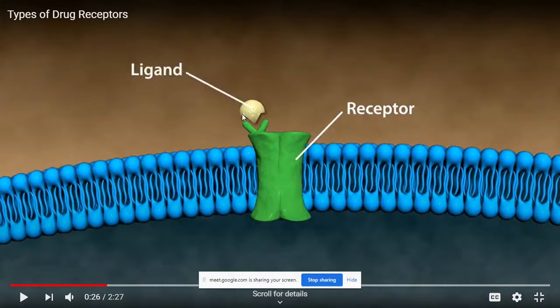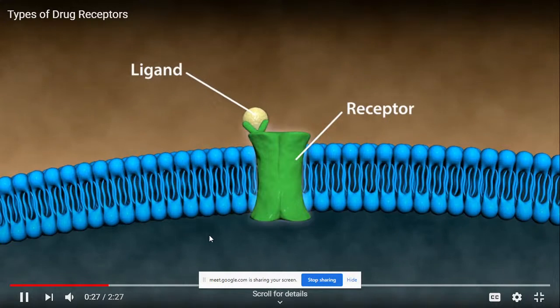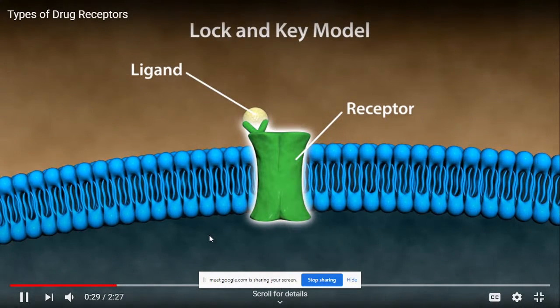So the ligand binds with the binding site, and this binding will activate the receptors, and because of that there is an initiation of a series of biochemical and physiological processes in the cytosol, and that will lead to the therapeutic response. So clear? Here you can see when the ligand binds, there is an activation of the receptors. This is called the lock and key model.